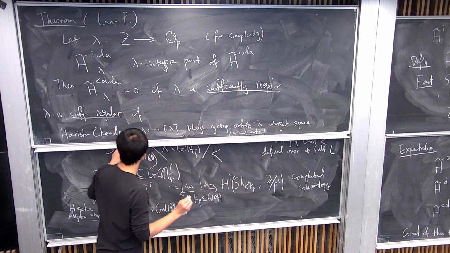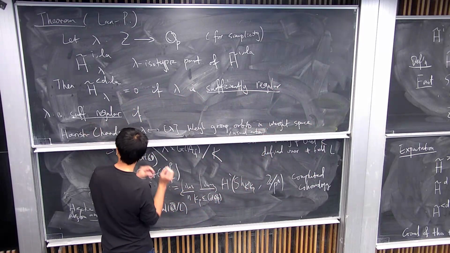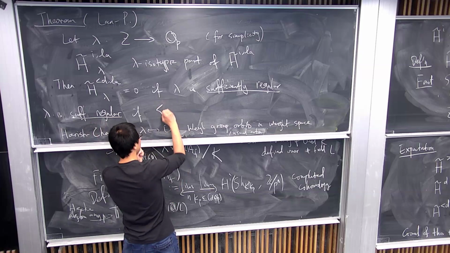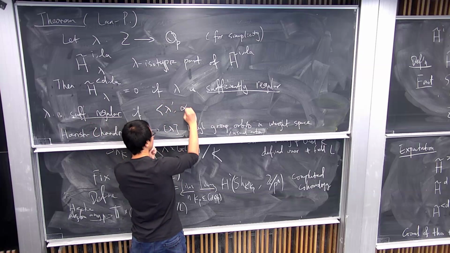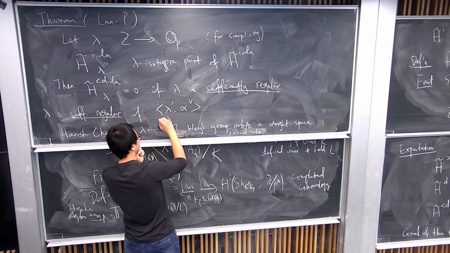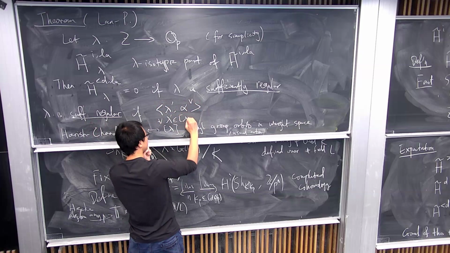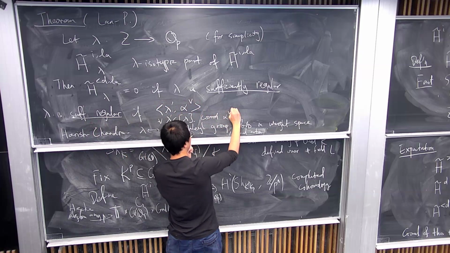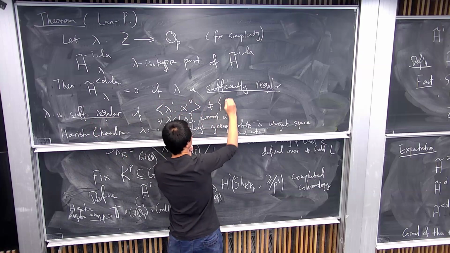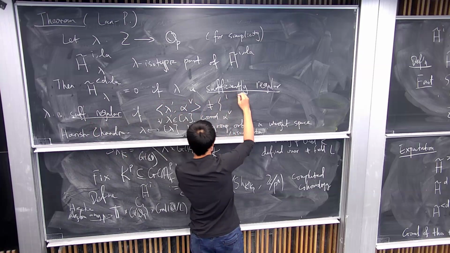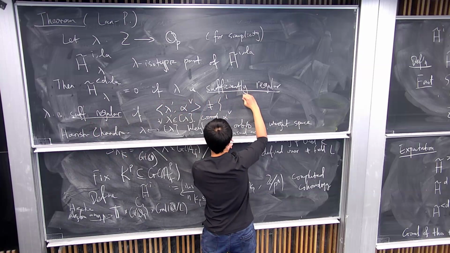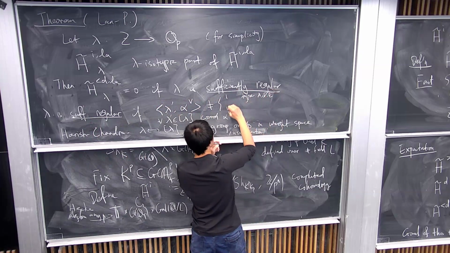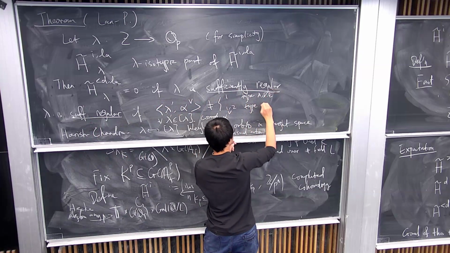And then we say lambda is sufficiently regular if the pairing between lambda prime, for any lambda prime in the orbit, and all the co-roots alpha check is not equal to 1 in the case of type ADE, and not equal to 1 or 2 in the case of type BC.